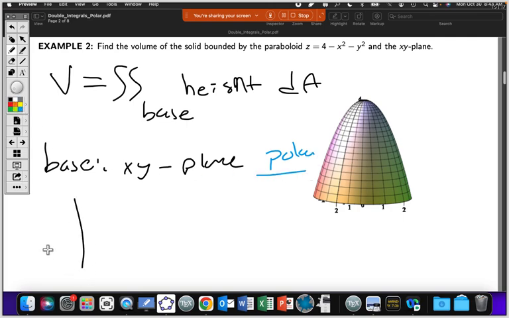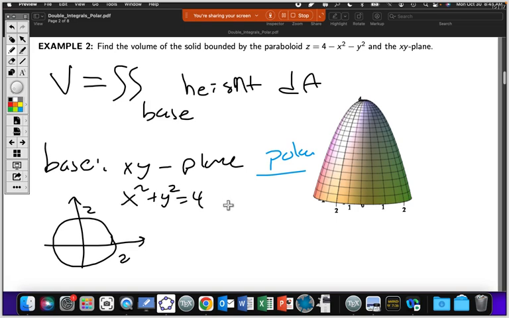So if I look at my region here in polar coordinates, we've got x squared plus y squared is 4. What's the equation of that in polar coordinates? That's just your r equals 2. Now if I want to sweep out the inside of this circle, I would start here at the origin, out.